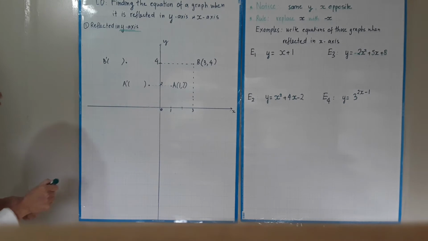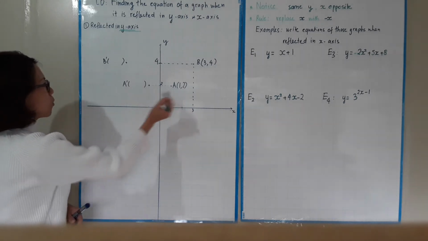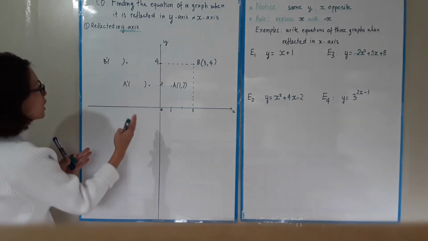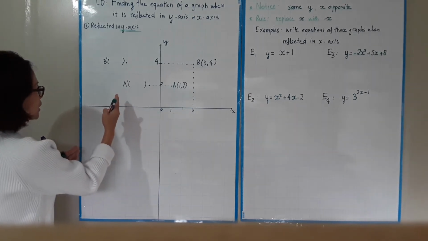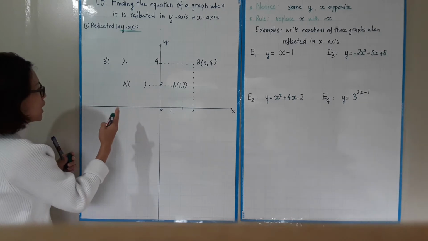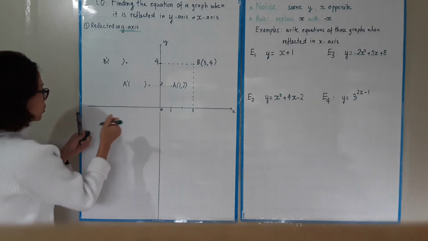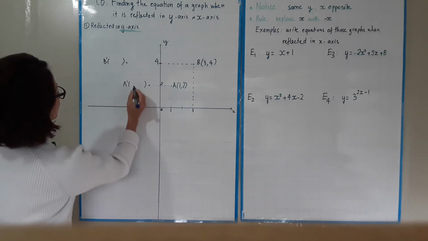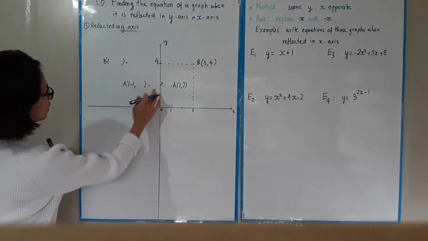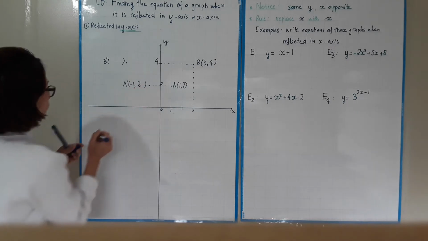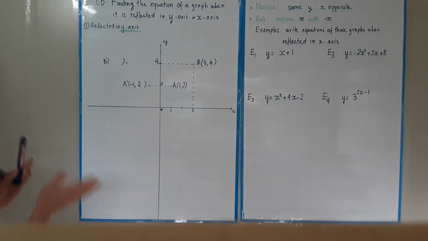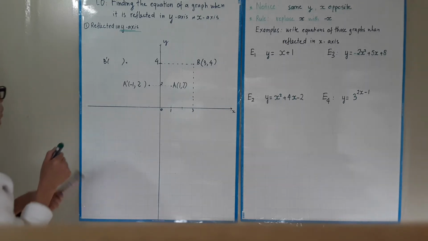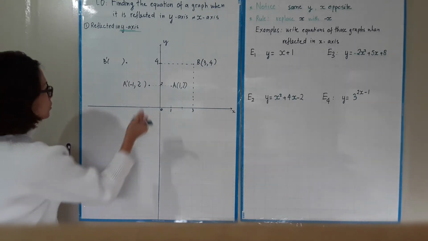If we have a point A with the coordinates (1, 2), the image of A in the y-axis will be A dash, with coordinates (-1, 2). A and A dash have the same value of y, which is 2.